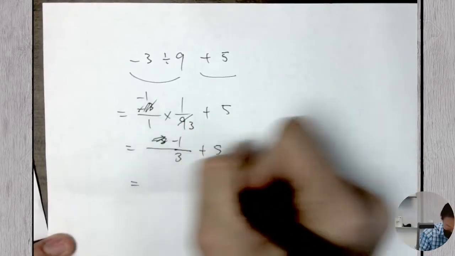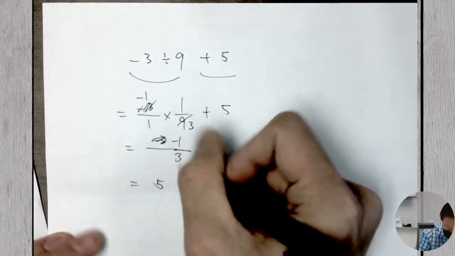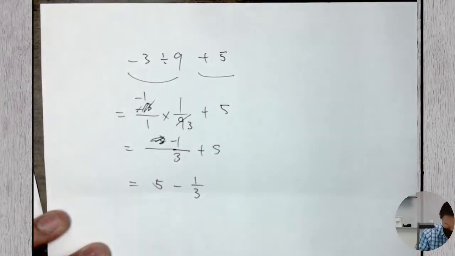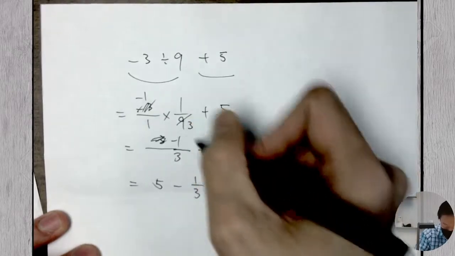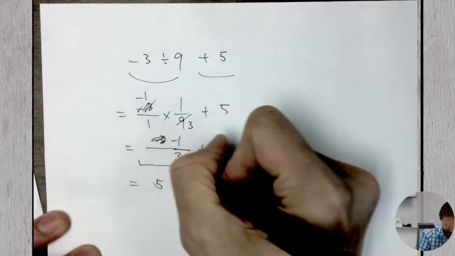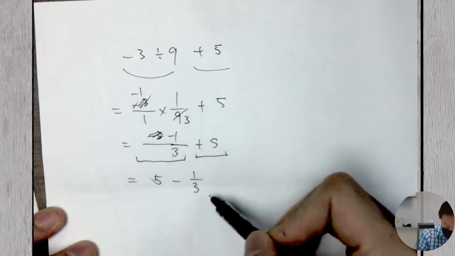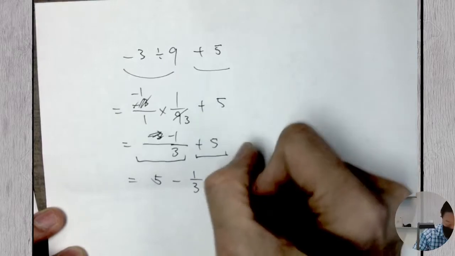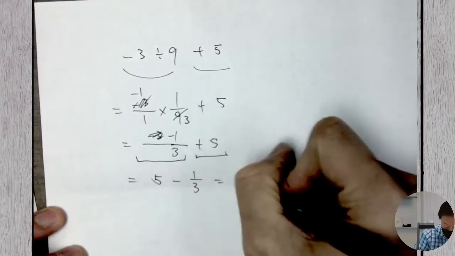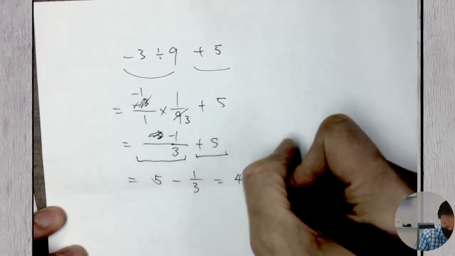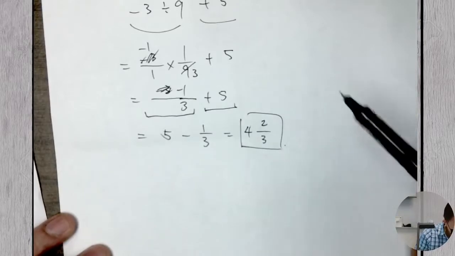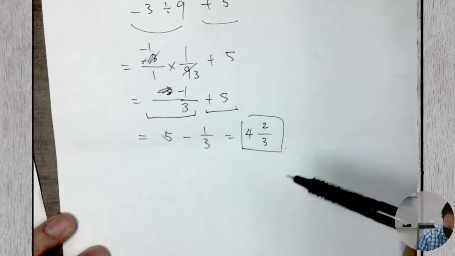Actually, let me write that out. I'm gonna say 5 minus 1 over 3. Okay, since I'm rearranging them, that negative 1 over 3 becomes minus 1 over 3 plus 5 in the front. And I will have 4 and what? 2/3. That's my final answer. Okay. And that is that.